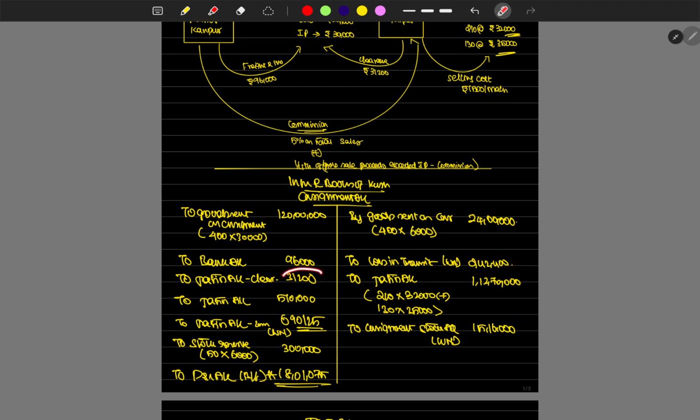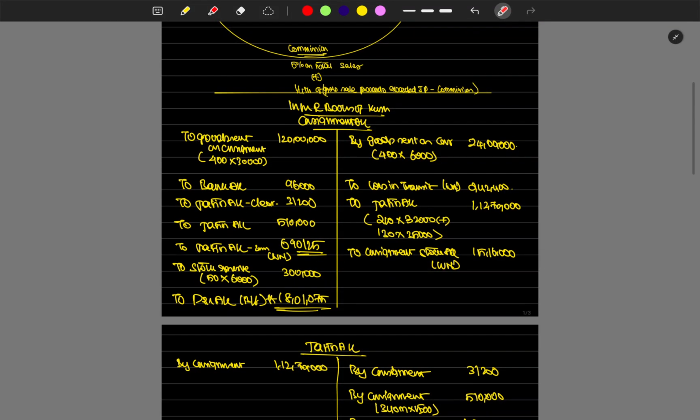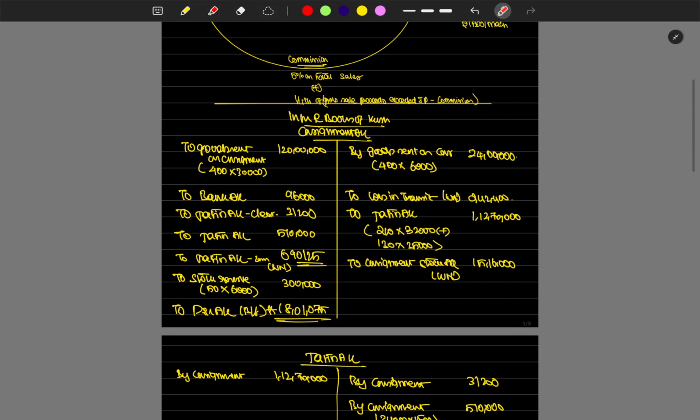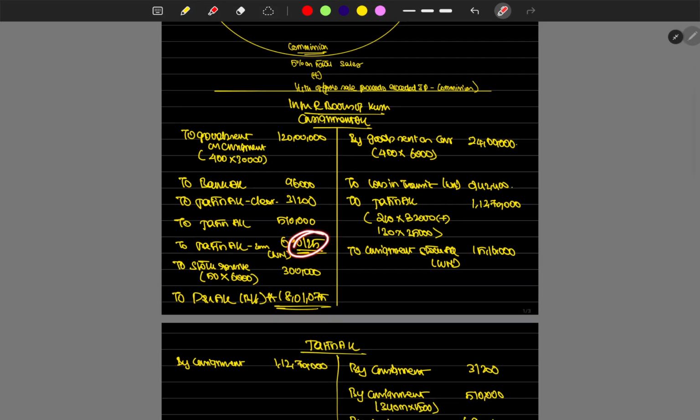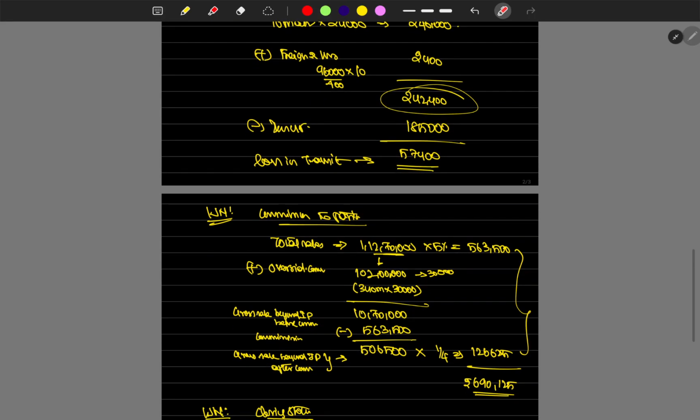Okay, then Jatin has paid 31,200 for clearance, and Jatin has paid selling expenses for every machine he sold, which is 5,10,000, and Jatin also was paid the commission, which is 6,90,125, for the sales. This includes the overriding commission also, which we explained here.